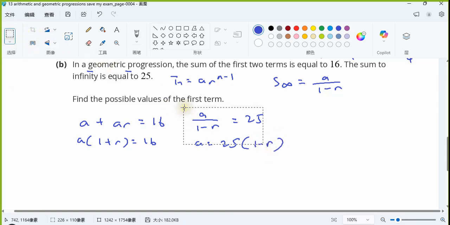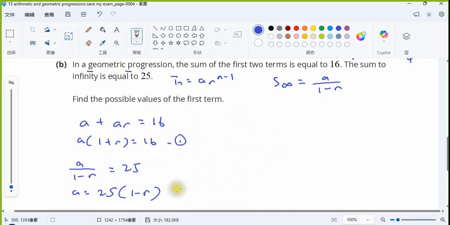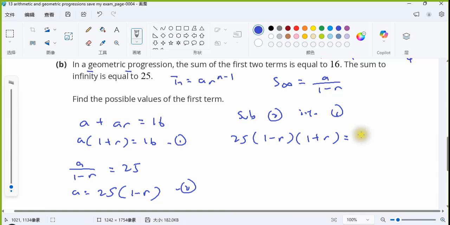Okay, so we have these two equations. This is equation 1, this is equation 2. We sub equation 2 into equation 1. So we have 25 times (1 minus r) times (1 plus r) equals 16. So this is like (x minus y) times (x plus y), which gives x squared minus y squared.